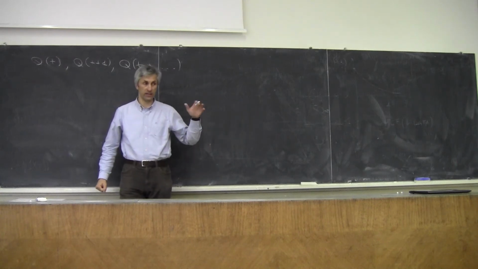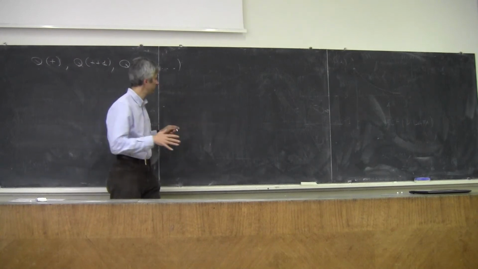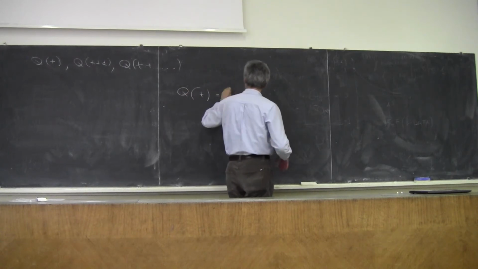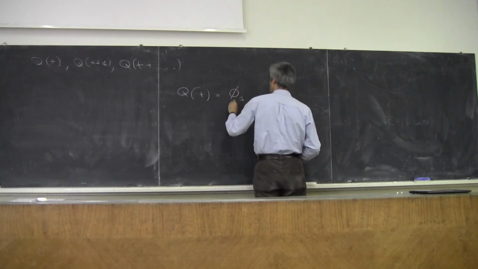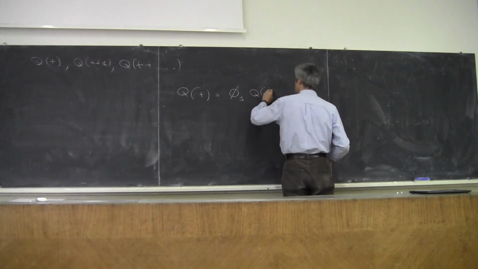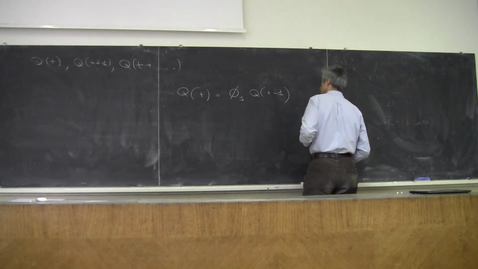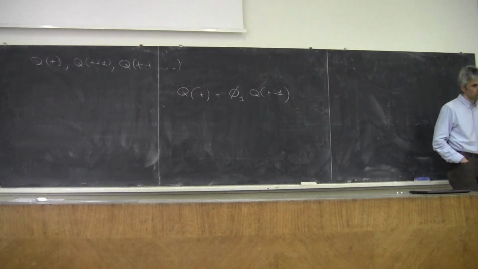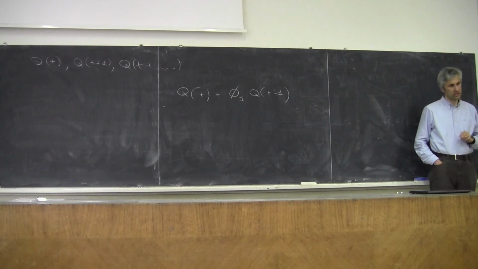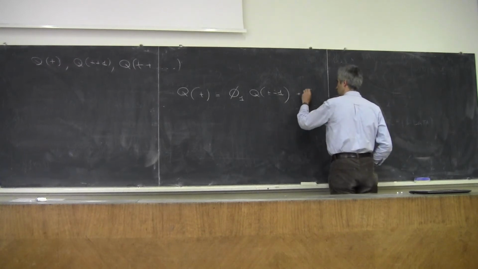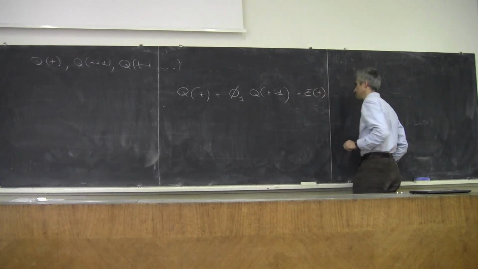So let me try to write this relationship in this way. Like qt, sorry, it's equal to a coefficient, let me call it phi1, which multiplies qt minus 1. This is a linear relationship. And let me add a random term, epsilon t.